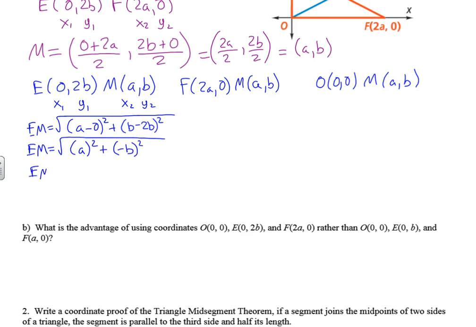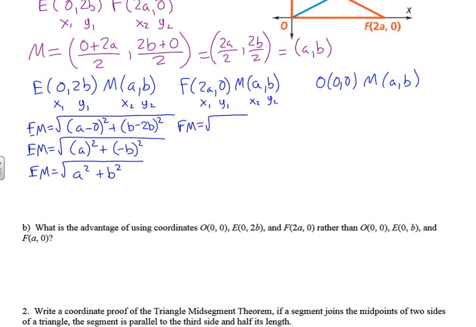So EM is going to equal the square root of a squared plus b squared, since negative b times negative b is just positive b squared. Now we're trying to show that all of these are equal.